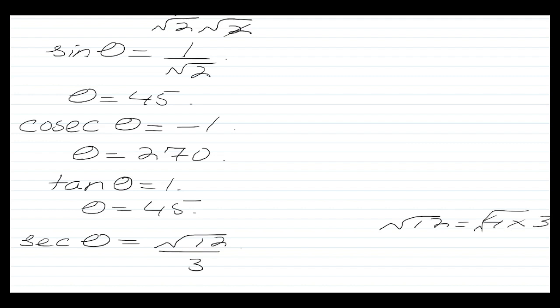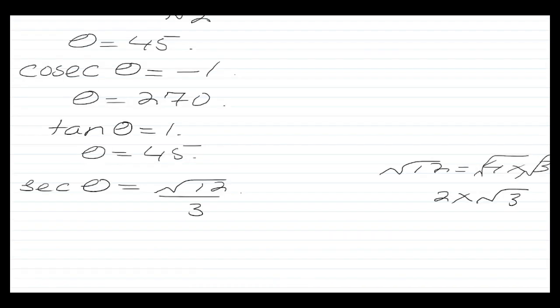If we take the under root on both sides, the under root of 4 is 2, but the under root of 3 just remains the same. So instead of under root 12, we can write sec theta is equal to 2 multiply under root 3 divided by 3.